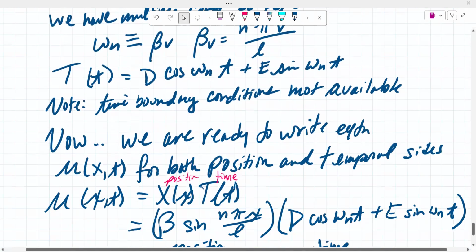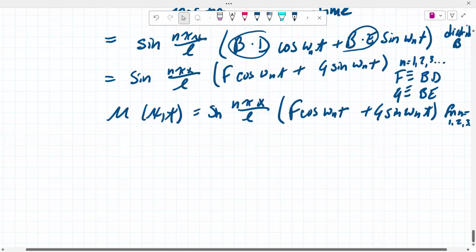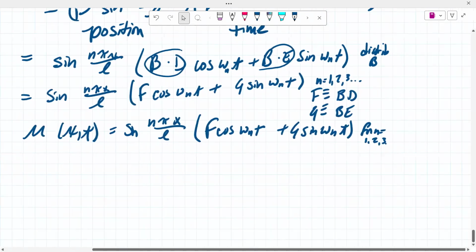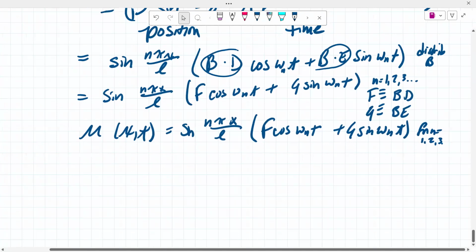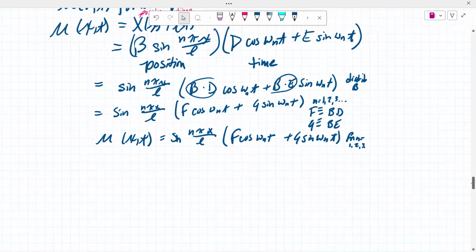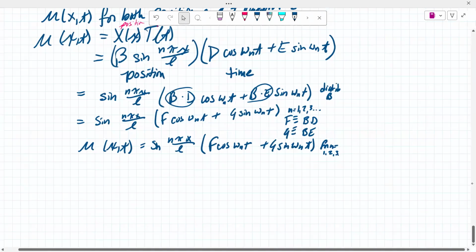Whoa, oops. That's not motion I anticipated. All right. Not totally sure what just happened there.